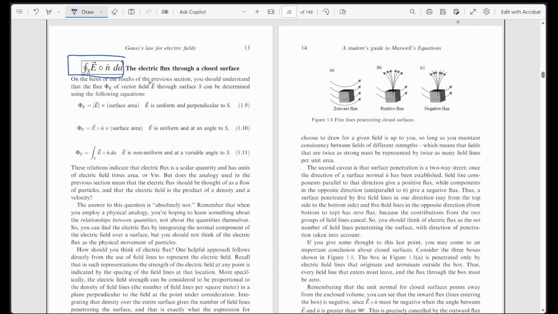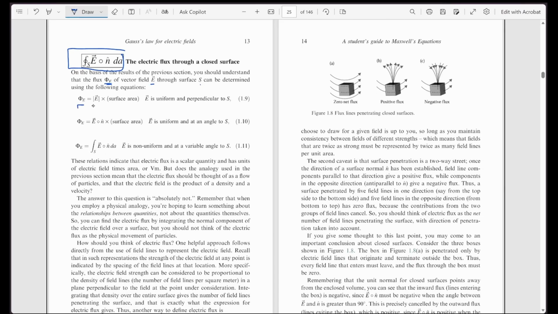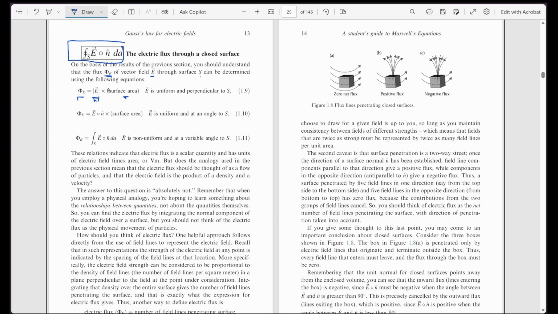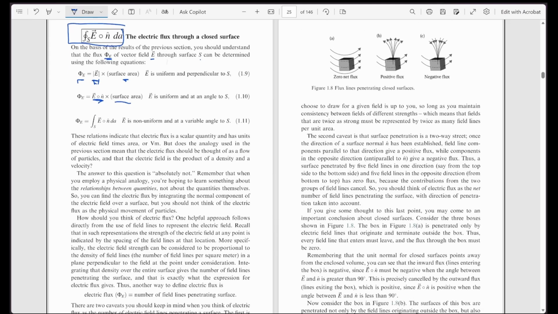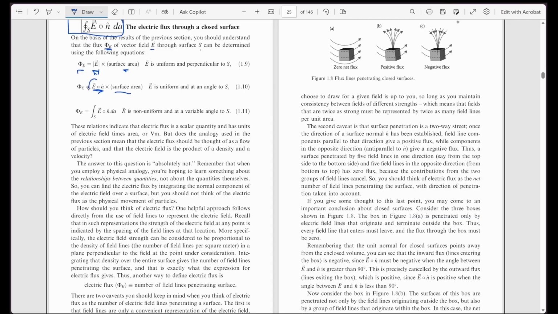On the basis of the results of the previous section, you should understand that the flux of a vector field E through surface S can be determined using the following equations. The flux is the electric field times the surface area. To find the component in the direction we want, we'll take the dot product and then multiply times the surface area. And because it's not uniform, we will integrate.